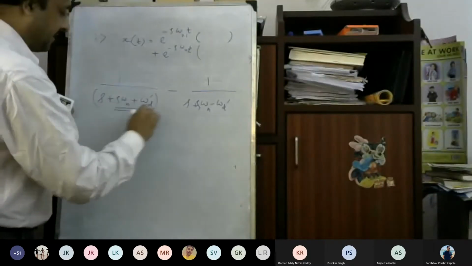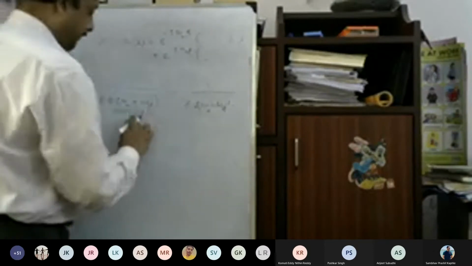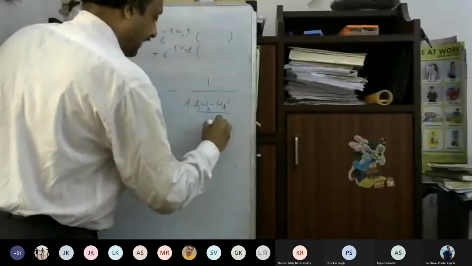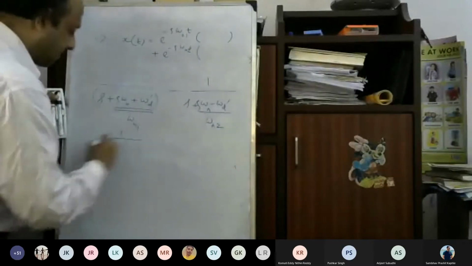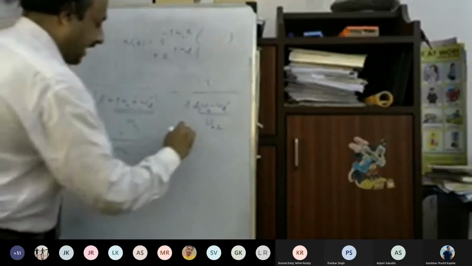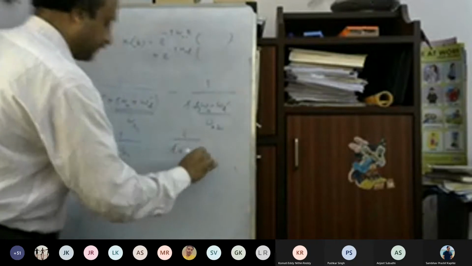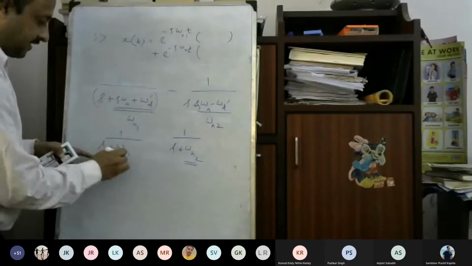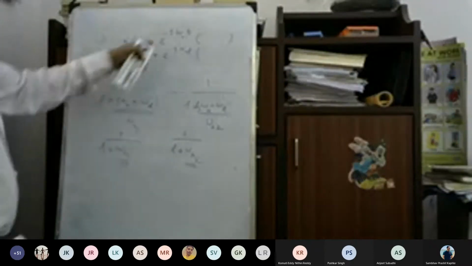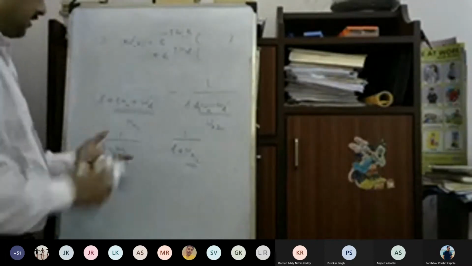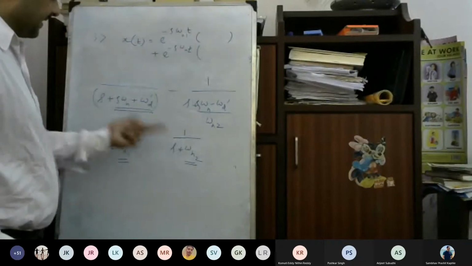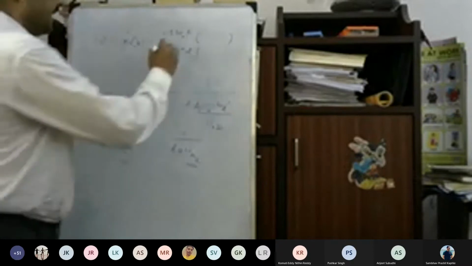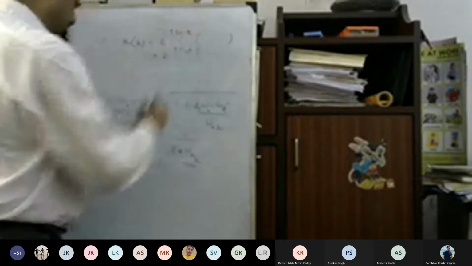And then if I write down this as omega n1 and this as omega n2, I'll get something like 1 by s plus omega n1, and another one is s plus omega n2. So here the response will be this thing, and the inverse Laplace of this part will contain minus zeta omega n1. Okay.